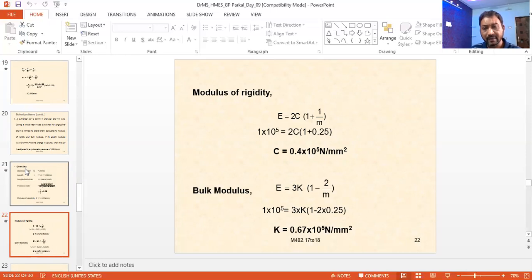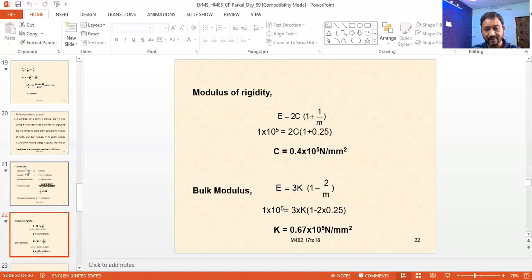So C is equal to 10 power 5 by 2 into 1.25. So the modulus C becomes 0.4 into 10 power 5 newtons per square millimeter. And next one, the bulk modulus. We also know that E is equal to 3K into 1 minus 2 by m.